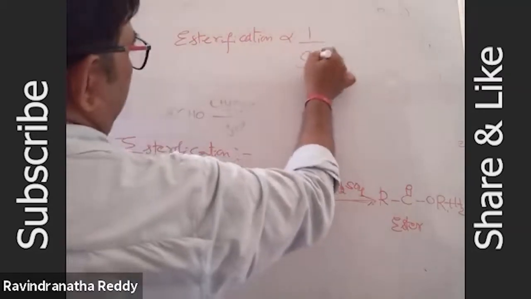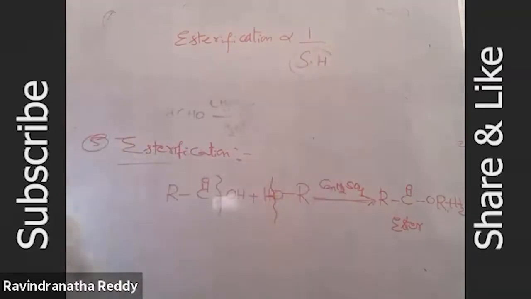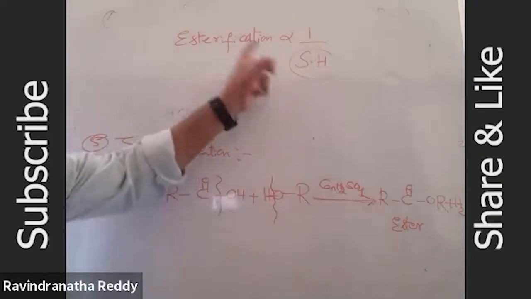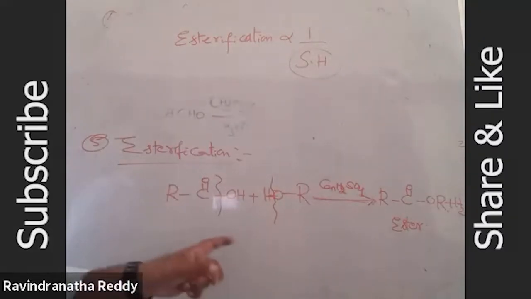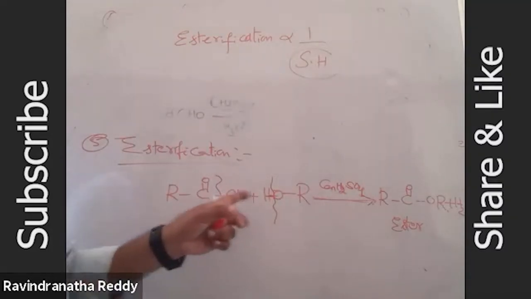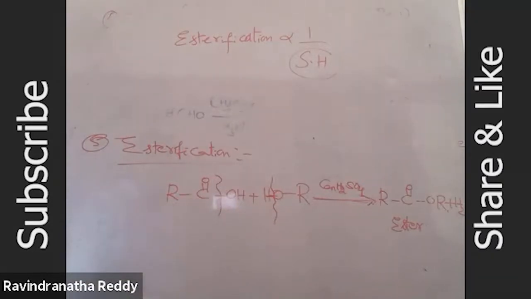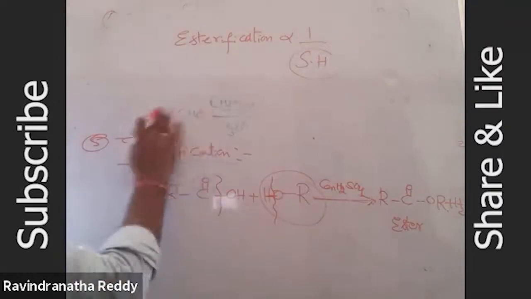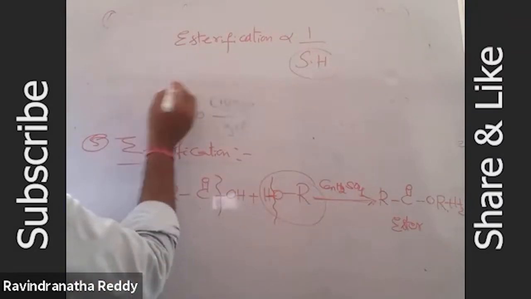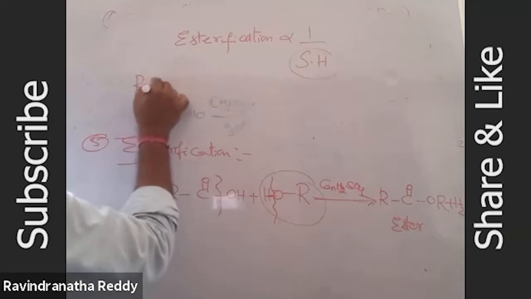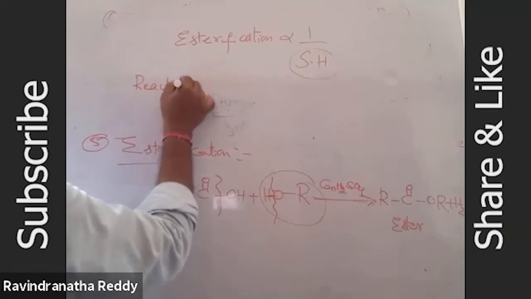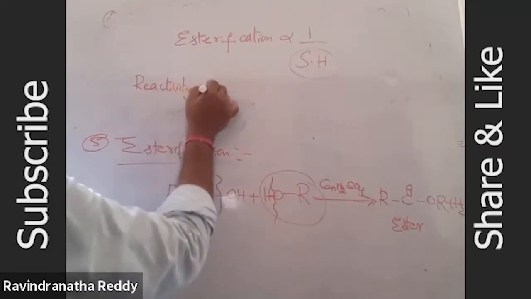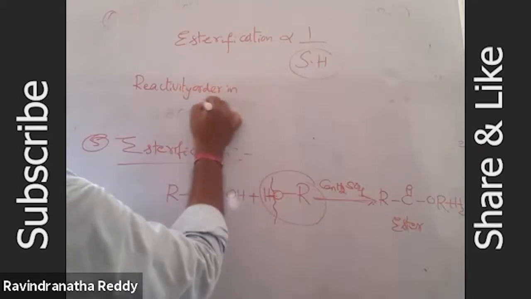If steric hindrance is less, esterification is more. Suppose we use the same alcohol with different carboxylic acids. What is the reactivity order in esterification?